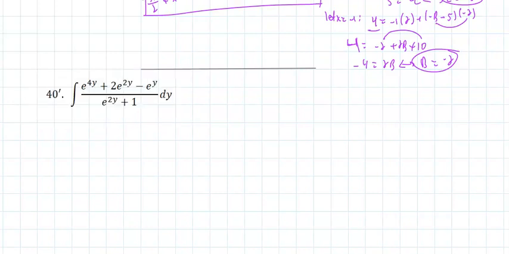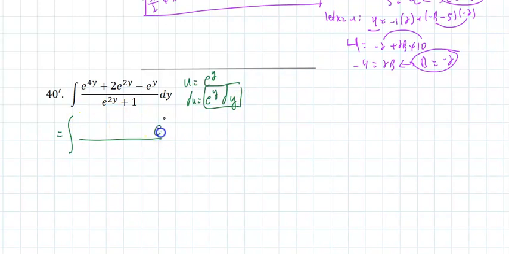Okay, well here I notice a lot of e's. If I let u equal e to the y, du is e to the y dy. Well, let's see how this works. I could factor an e to the y out. Again, remember, this is how I start thinking of these problems. I start thinking in terms of du.